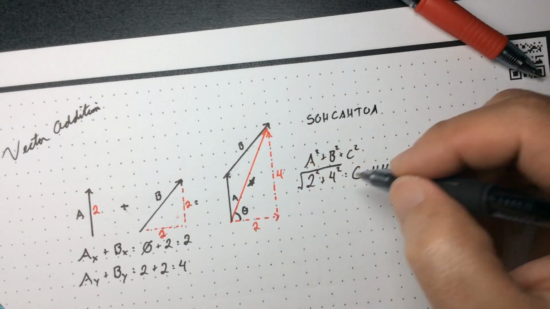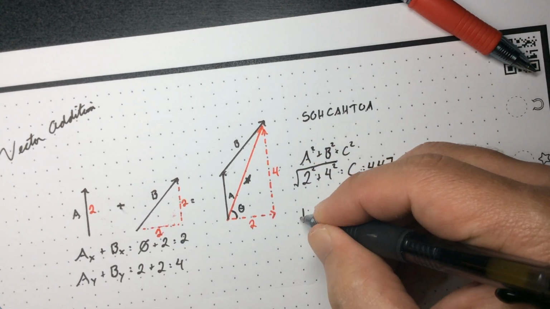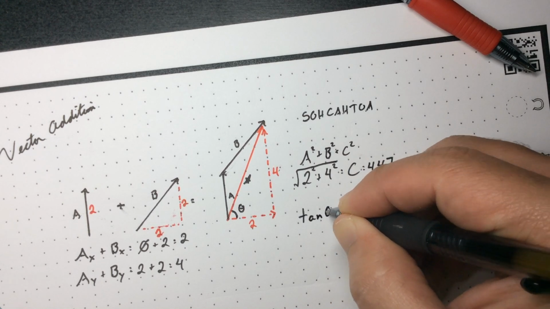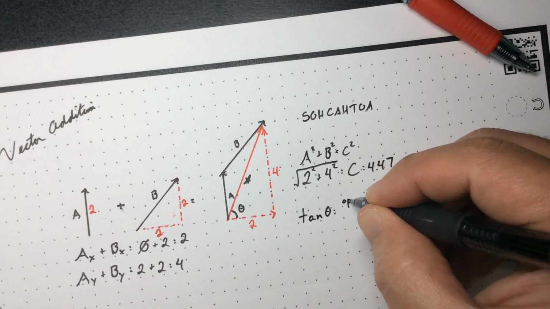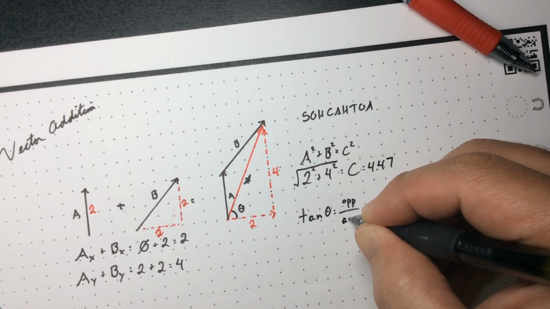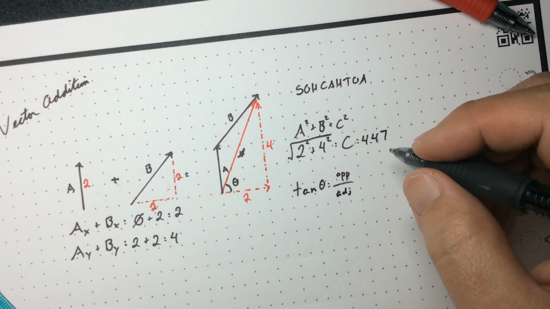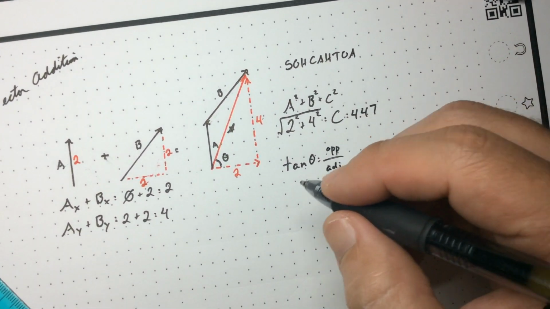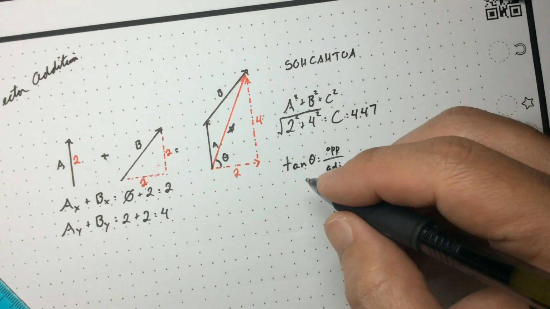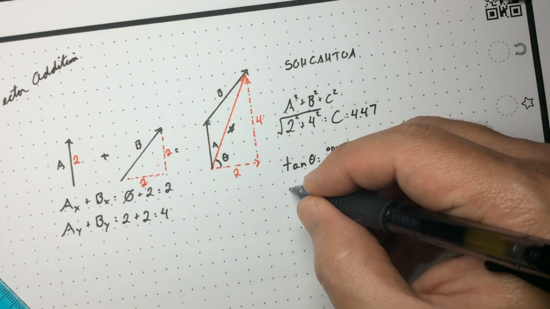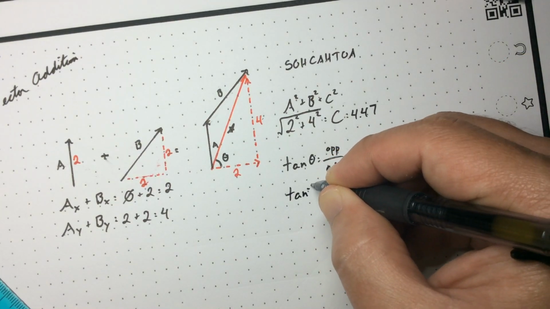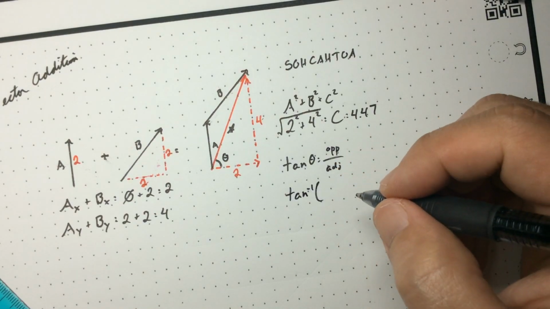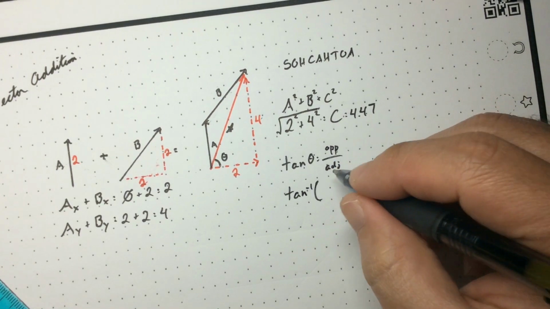I've got opposite, I've got adjacent. I'm going to use tangent. We know tangent of an angle is equal to the side opposite divided by the side adjacent to that angle. And in this case, we have the opposite, we have the adjacent. We really need the angle, and that's where you go and hit second tangent to get the arctan or the inverse tangent. And all you do for these is you just plug in that ratio to it to get the angle.